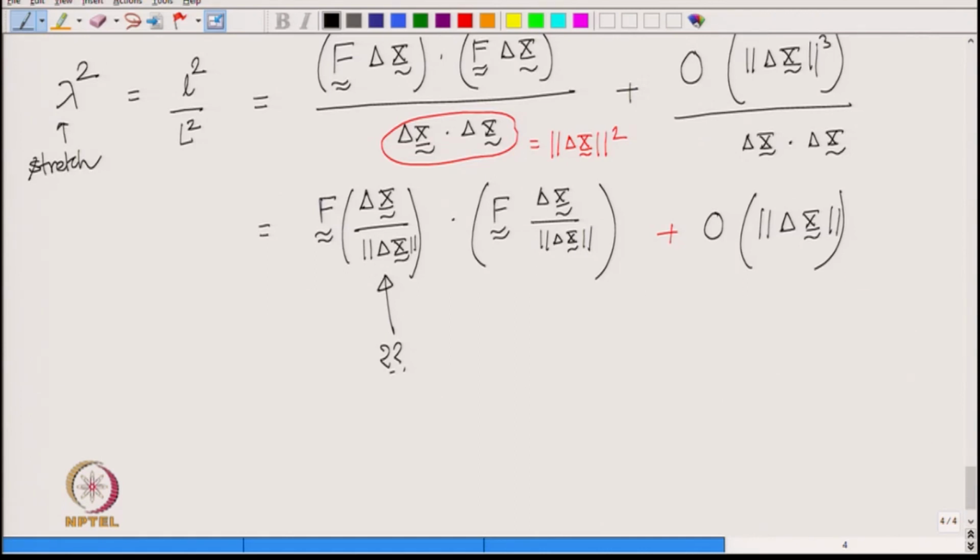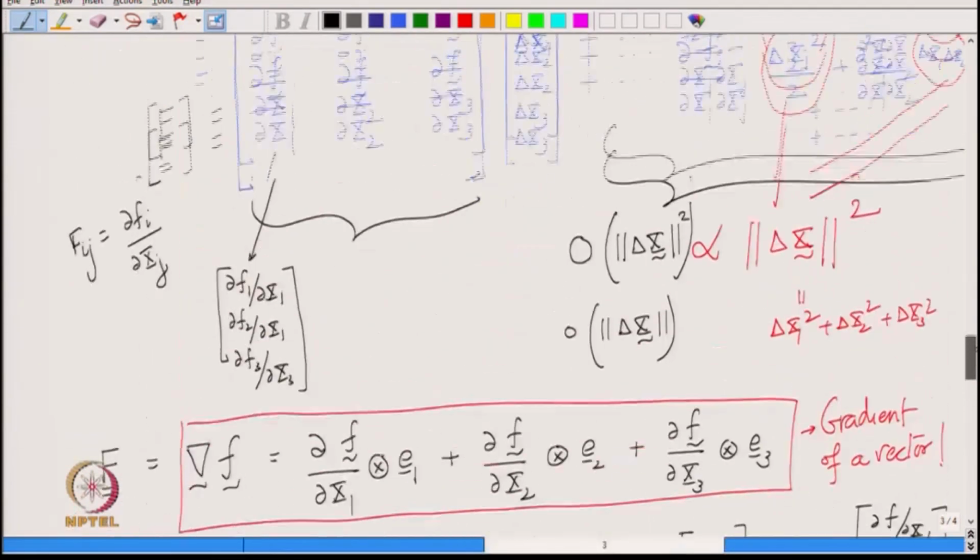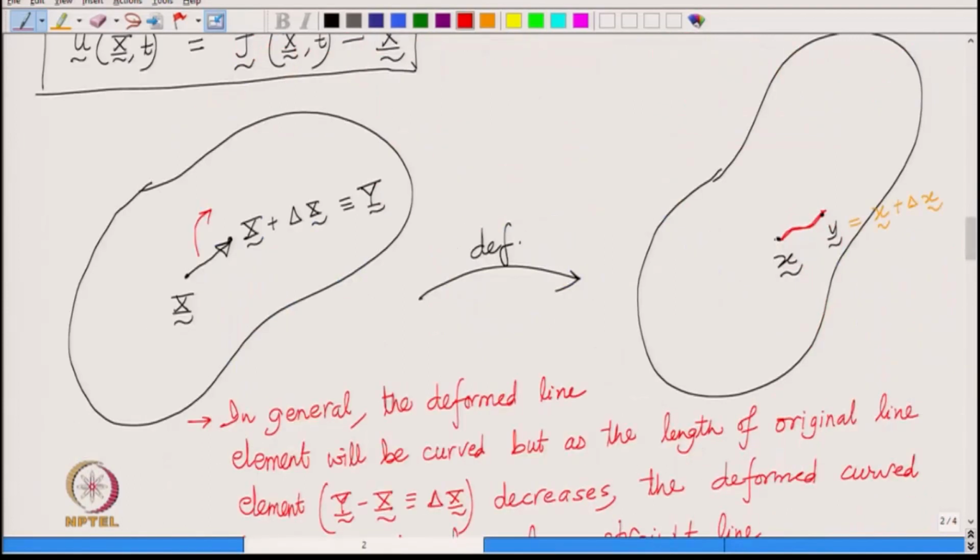So, it is the direction of that line element. You see this in this figure, the direction of that line element. So, direction, that is delta big X divided by magnitude of delta big X, which we can say it is, let us say, small n. Okay.